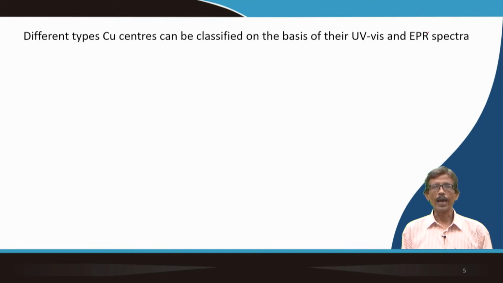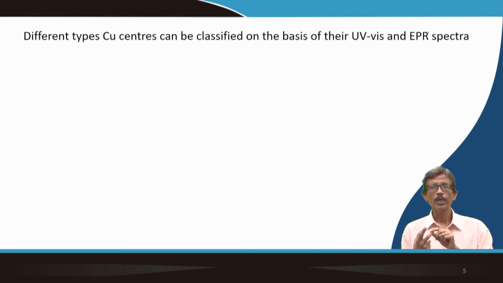So, what we can have, if you have the different copper centers and if they are in the solution, what you find is how to identify the nature of this particular copper center. So, the first challenge is whether you are talking about the cuprous copper or the cupric copper. So, we will rely on the solutions, the solutions of the protein origin or the enzyme origin, but we will basically rely on 2 particular spectroscopic techniques.